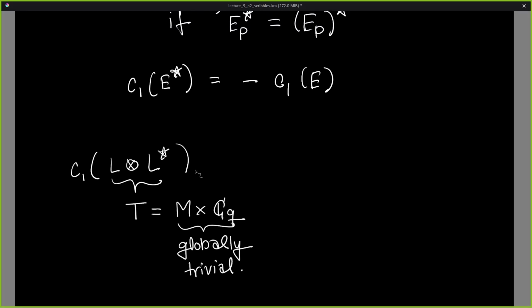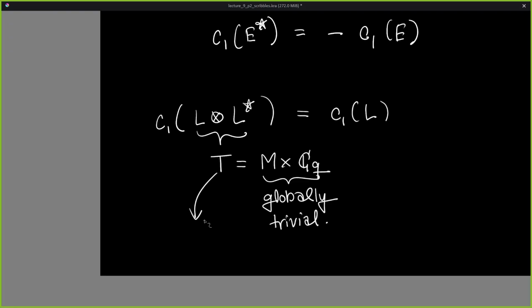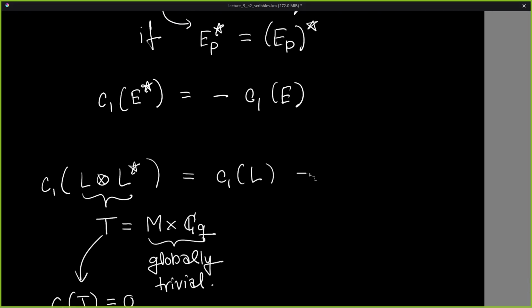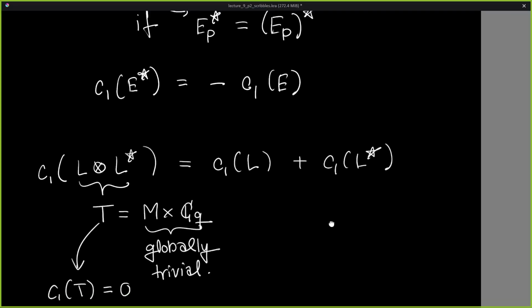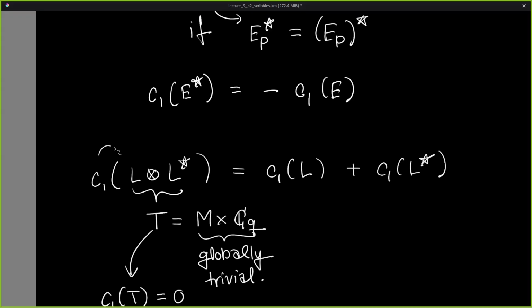So if we look at this, then this is equal to C1 of L. For reasons that are hard to get into right now, C1 of the trivial bundle is equal to 0. So this is equal to C1 of L plus C1 of L star. And so this has to be equal to 0, right?